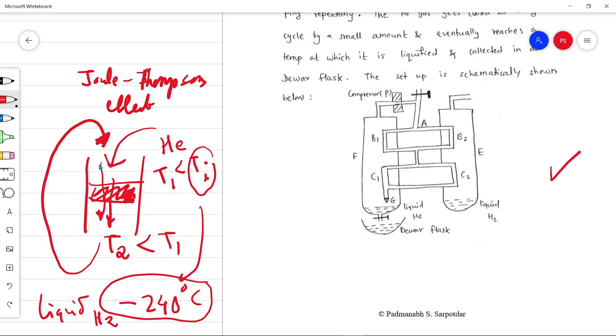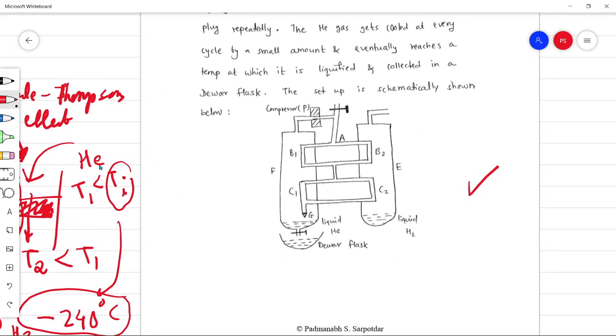the diagram shown here. We see that this compressor sucks the helium contained in this tube, and this sucked helium is fed into this tube structure.